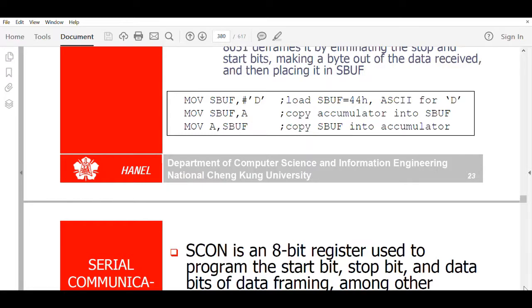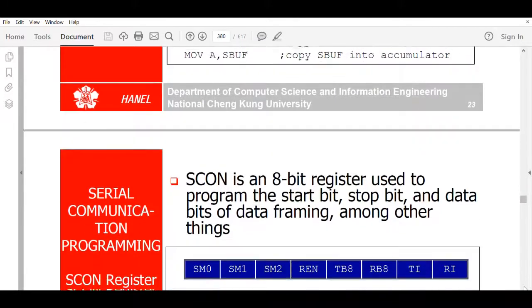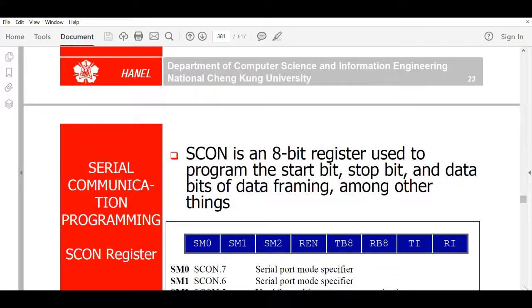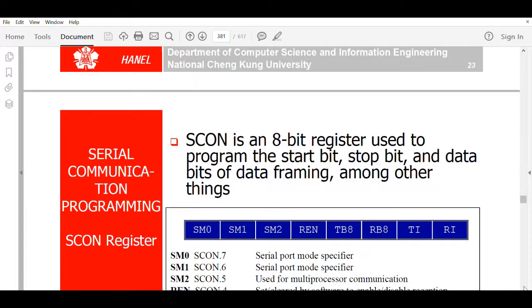At the receiver end, the data is received through the receive line, deframed, and transferred to the SBUF of the receiver side. Then you have the SCON register. Again, it's an 8-bit register.